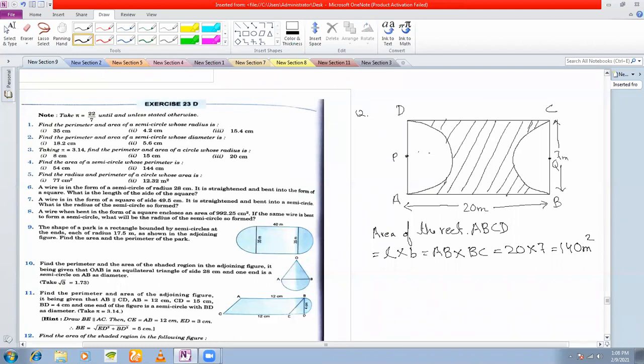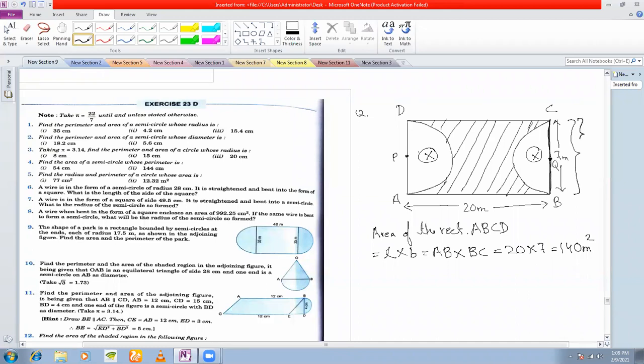Now we shall proceed to find out the area of this semicircle and area of this semicircle. What you must note here, that this length here is given to be 7 meters. That means this is the diameter of this semicircle. This 7 meter is the diameter of this semicircle. It is definitely the breadth of the rectangle, but it is also the diameter of this semicircle. And you know the radius is half of the diameter.